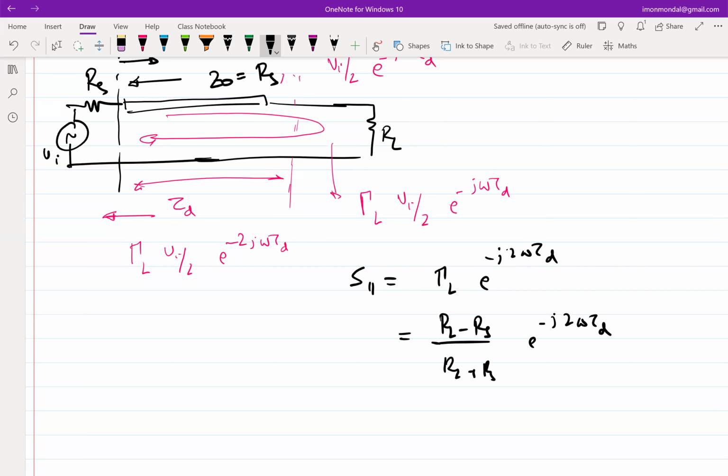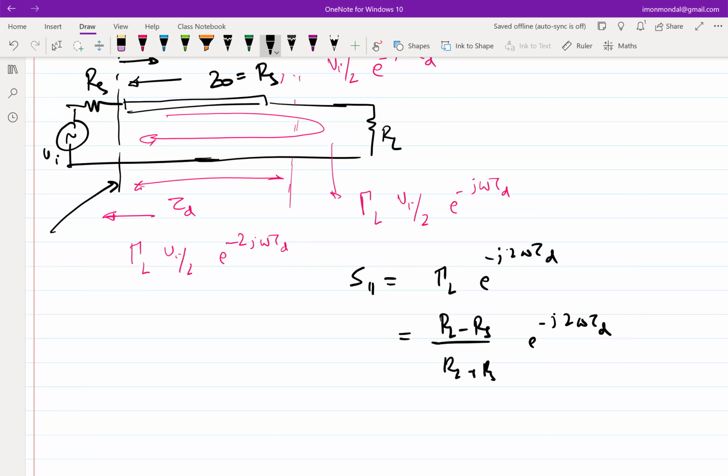So if we are not careful with the delay of the line, and you say that, okay, I have only a resistive load associated with it, all I will do is take whatever S11 I have, because ultimately you are observing everything at this plane, right?